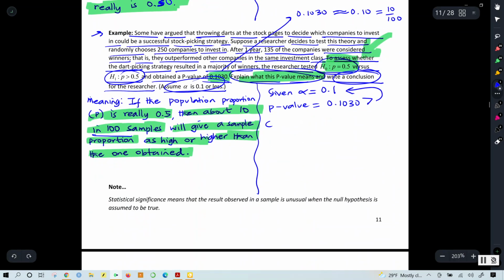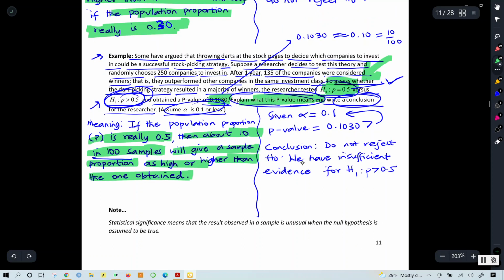So in this case, our conclusion would be do not reject the null hypothesis. And if we are not rejecting the null hypothesis, it means we have insufficient evidence for the alternative hypothesis that we want to test.